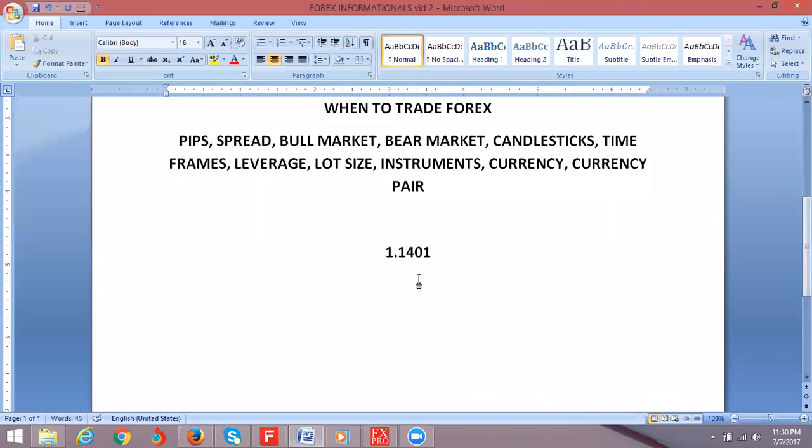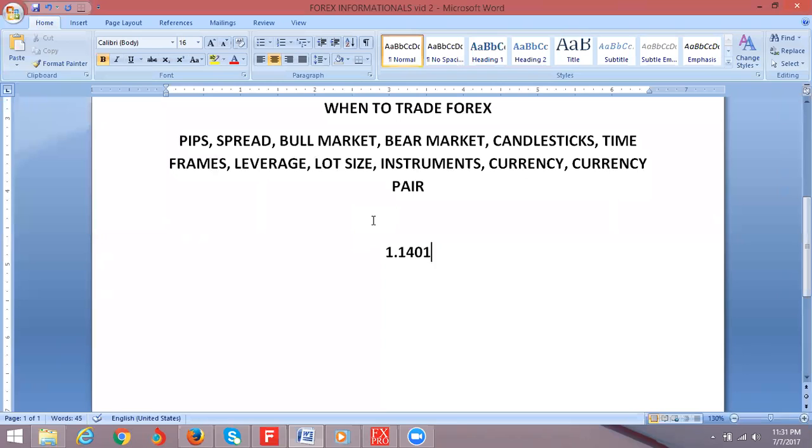1.1401. That is the price now. Let me even explain what pips is. A pip is the unit of measurement to express the change in value between two currencies.